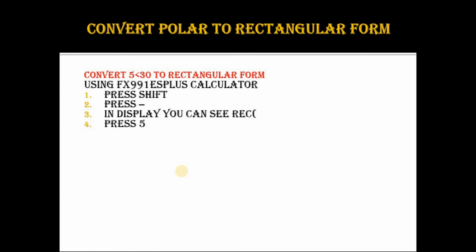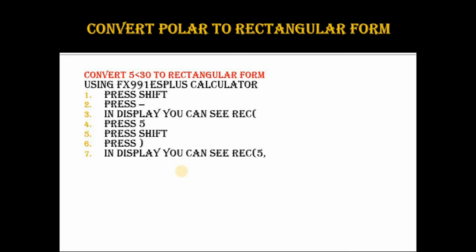Now press 5. Now press shift, press closing bracket. In display you can see rectangular of 5 comma. Are you getting? Yes. Now press 3 followed by 0. Now press closing bracket.